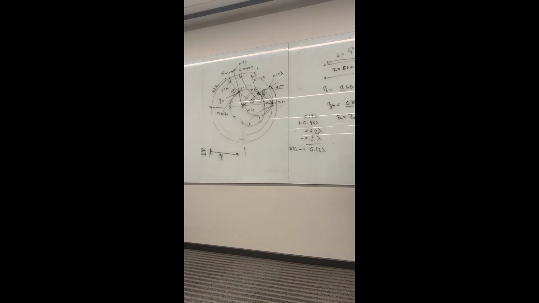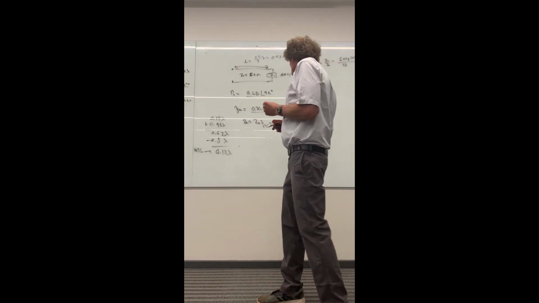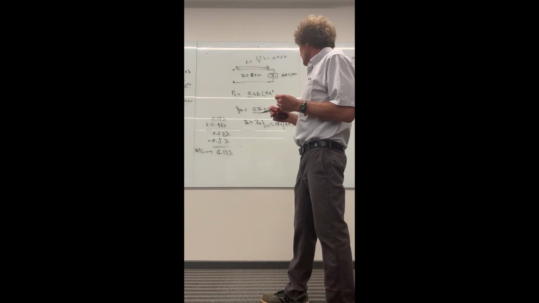Plus 44. And what did we get for our input impedance before? 18.6 plus J46. 46, all right, we're a little off.